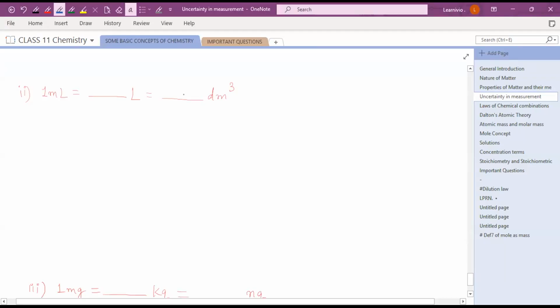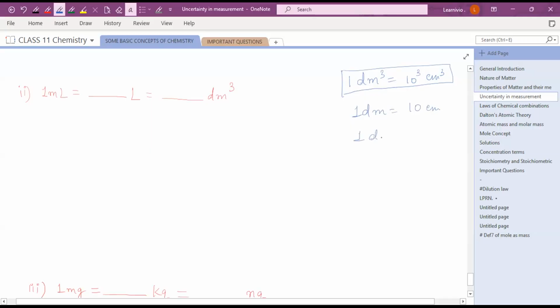First we will know 1 decimeter cube is equals to how many centimeter cube. In 1 decimeter, we know 10 centimeter is there.